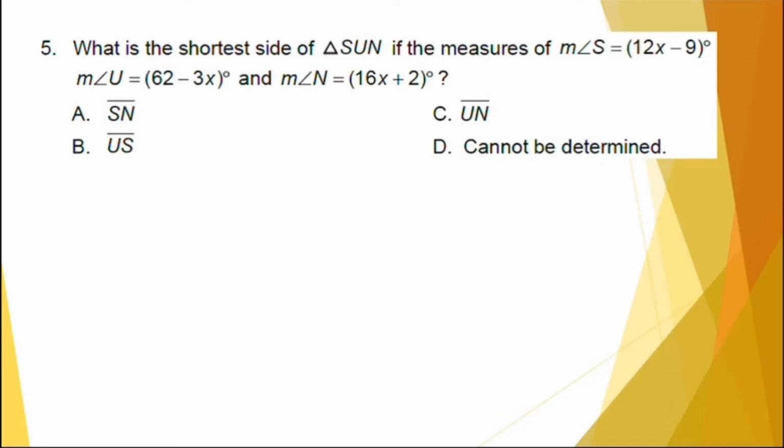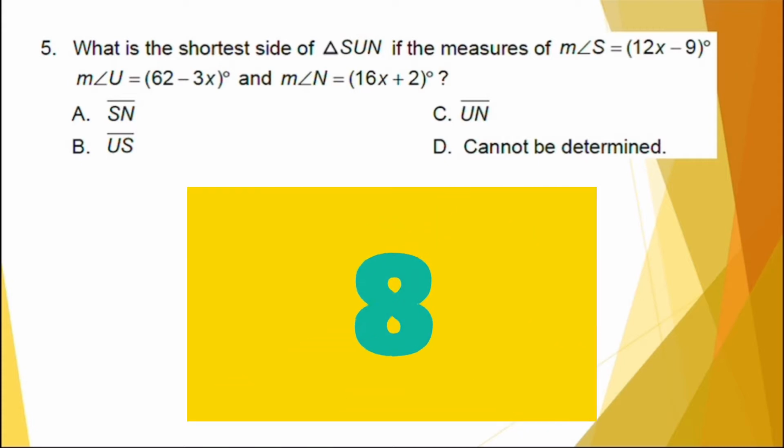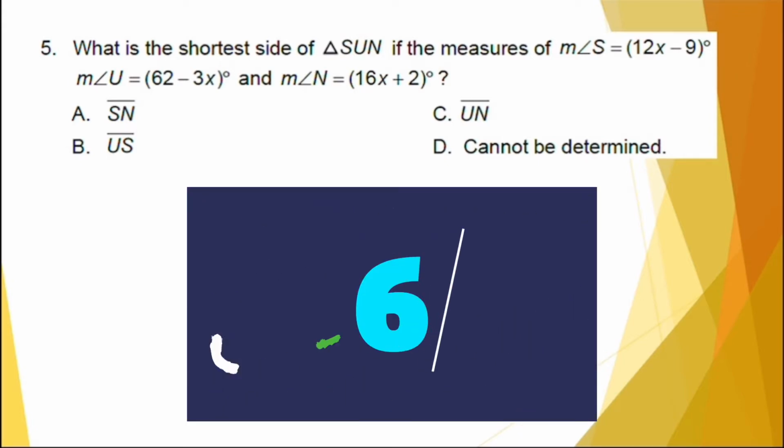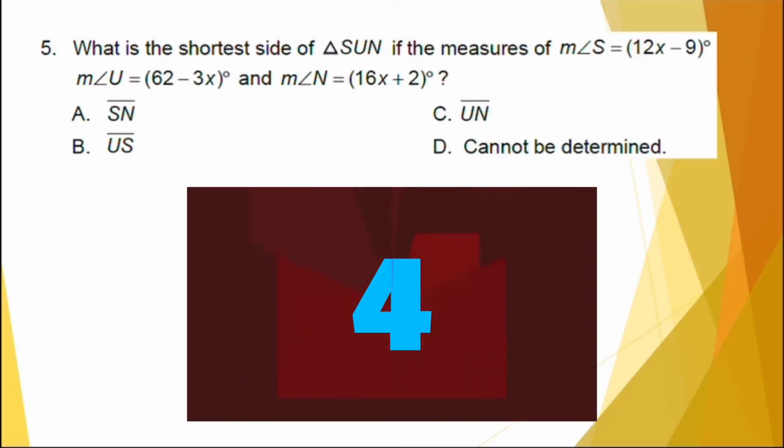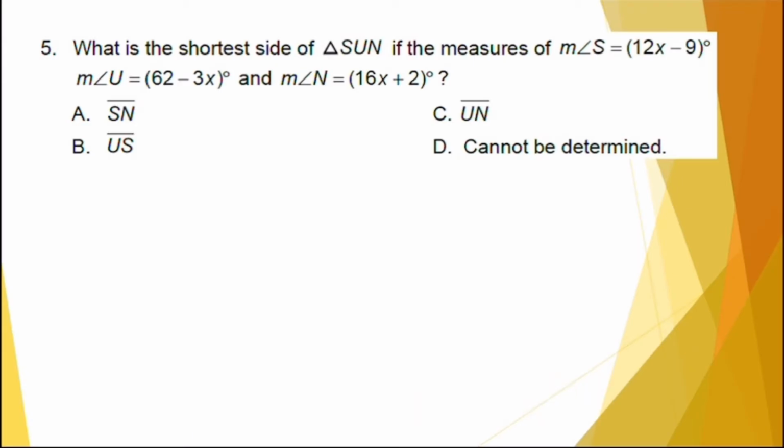A. Line segment SN. B. Line segment US. C. Line segment UN. And D. Cannot be determined. Time's up. The answer is letter A.